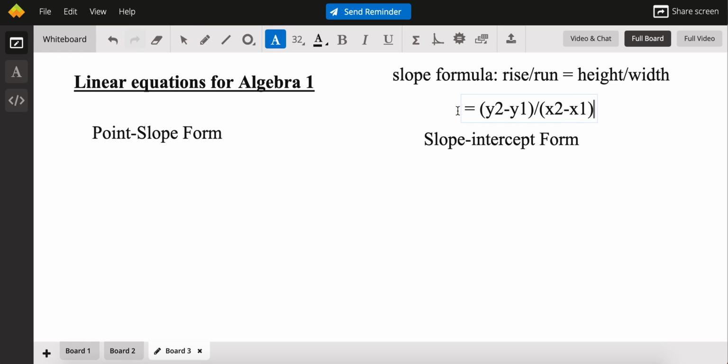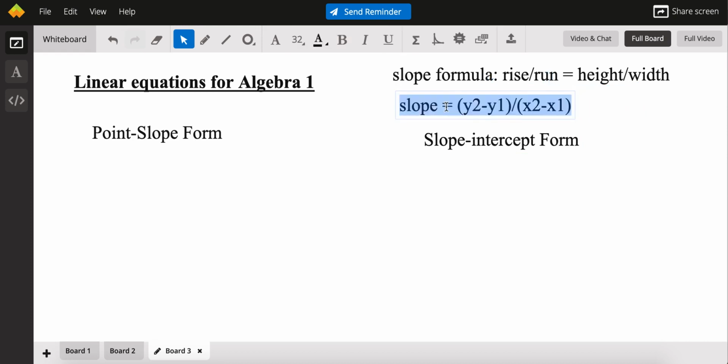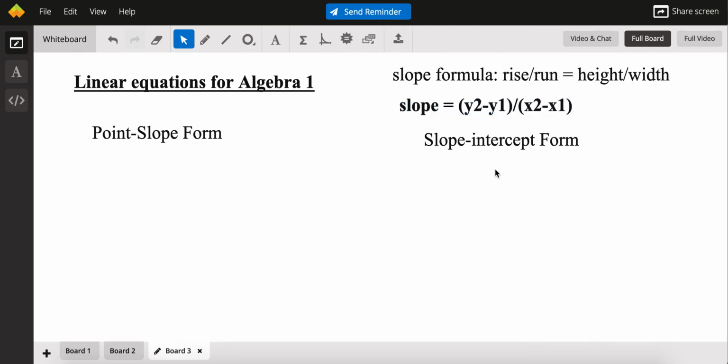Okay, so that's how you calculate your slope. Even if they don't give it to you explicitly, if you have 2 points, you can calculate your slope like that. Just to make it easier to see.